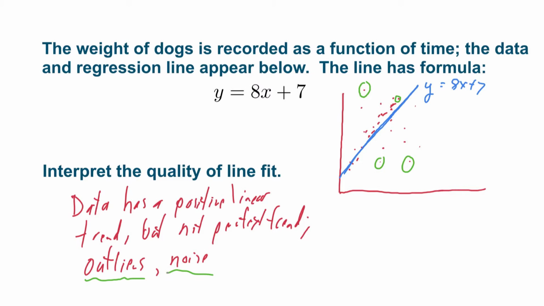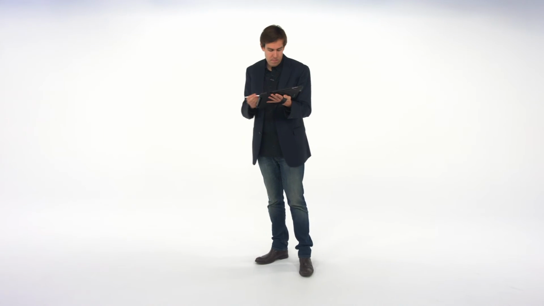I'll do this in purple. So noise points are close to fitting the trend, but don't quite sit on the line. So you can think of noise points as maybe we mismeasured something or minor fluctuations in the pattern, whereas outliers are big fluctuations from the pattern. Outliers are very difficult for our method to deal with.